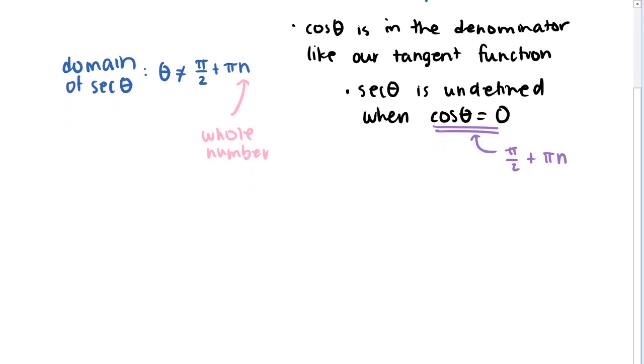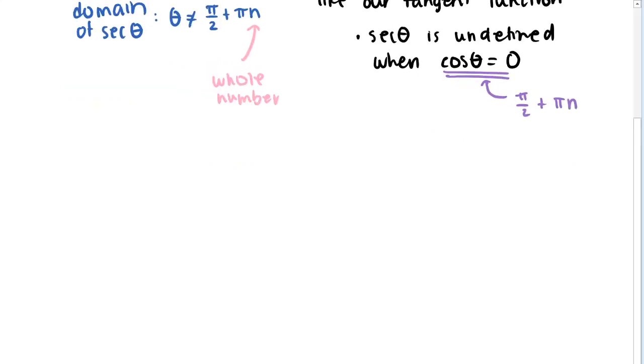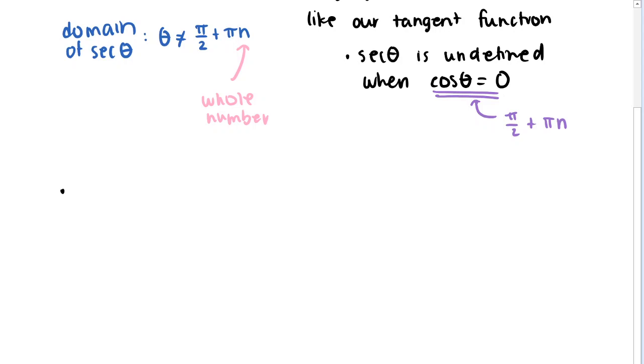Another thing that I think is going to help us with graphing our secant of theta function, our reciprocal function, is to pay attention to one idea: dividing by a number less than 1 is going to make whatever number you're dividing larger, right?